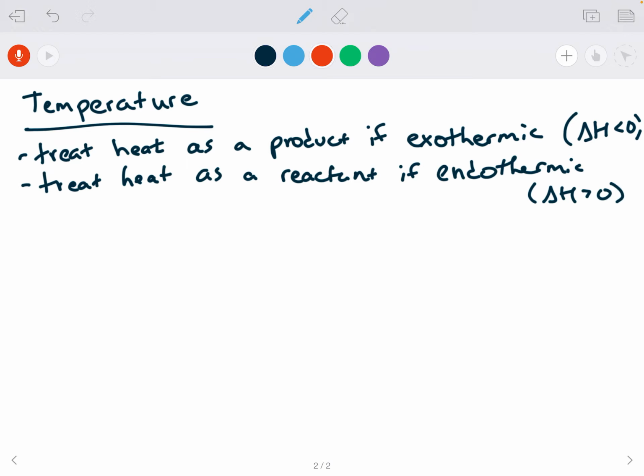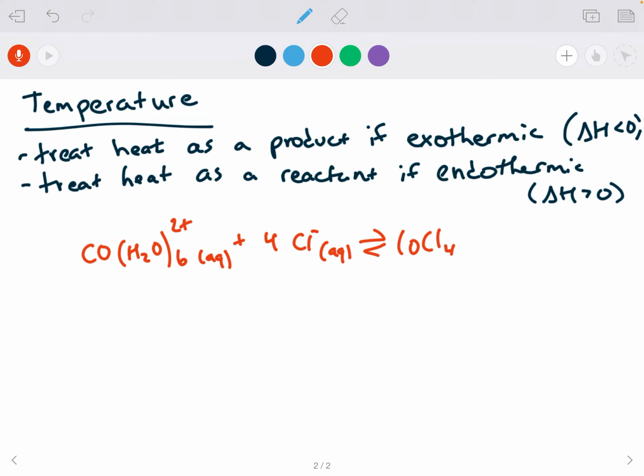So in the following reaction, CoH2O6 2+ plus 4 Cl- is in equilibrium with CoCl4 2- plus 6 H2O.